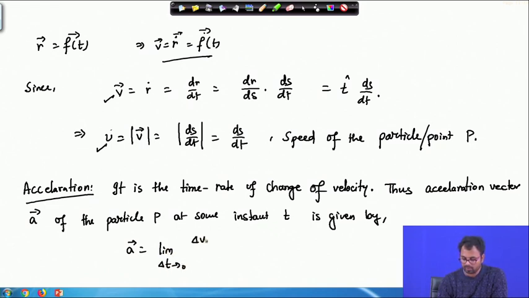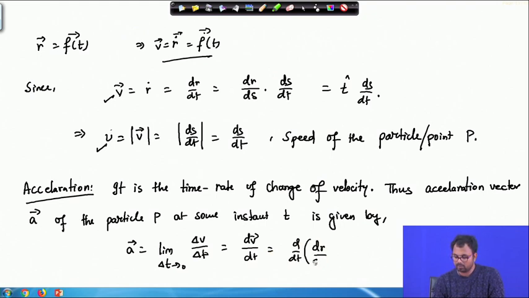So, at any time interval delta t, the increase or decrease in velocity is delta v. So, delta v by delta t will give you the acceleration, and making limit delta t go to 0, this will go to dv dt, and we know that v is dr dt. So, this will be d square r by dt square, or simply r double dot.